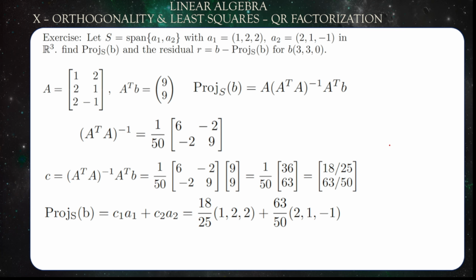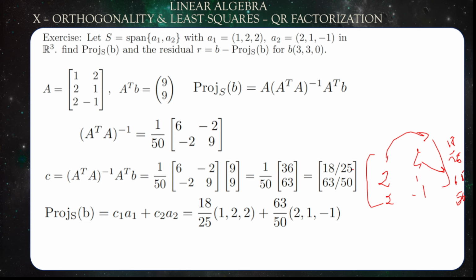So the projection of B over S is C1A1 plus C2A2, where C1 is 18 over 25 and C2 is 63 over 50. Another way to write it, lest it confuses you: it is the matrix [1, 2, 2] and [2, 1, -1] multiplied by 18 over 25 and 63 over 50. So you have 1 times the first, then 2 times the second, and so on, you get the point. A1 is 1, 2, 2 here, and A2 is the second column.